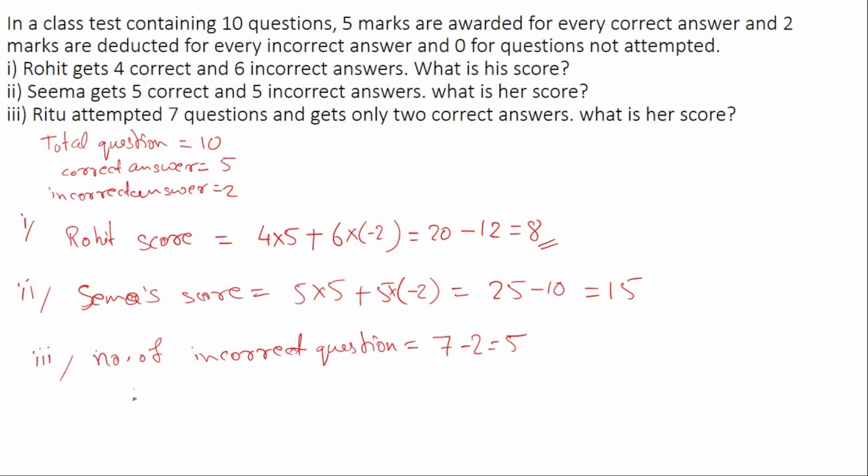So her score, that means Ritu's score, is equal to 2 into 5 plus 5 into minus 2. That means 10 minus 10 equal to 0.